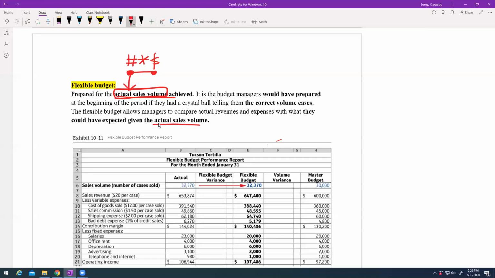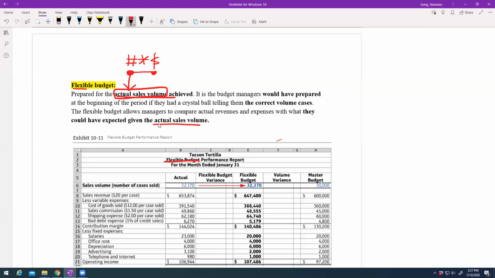We hold the units constant using the actual number, and we compare the actual dollar amount with the budgeted dollar amount. Let's look at this example. Now we focus on the flexible budget. It's still a budget, but it's a flexible budget because we use the actual sales volume.